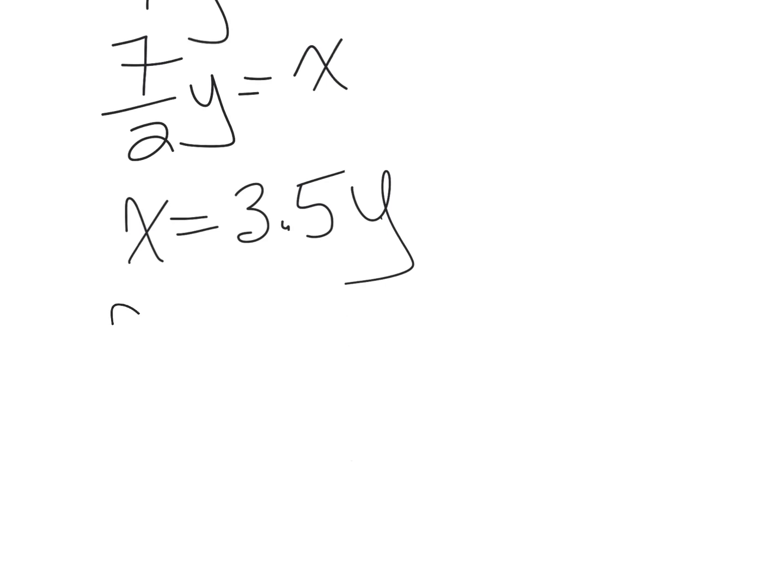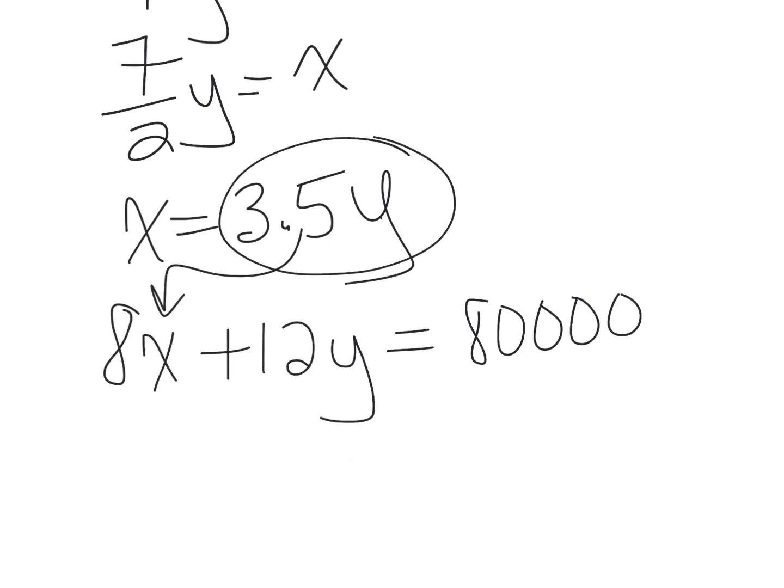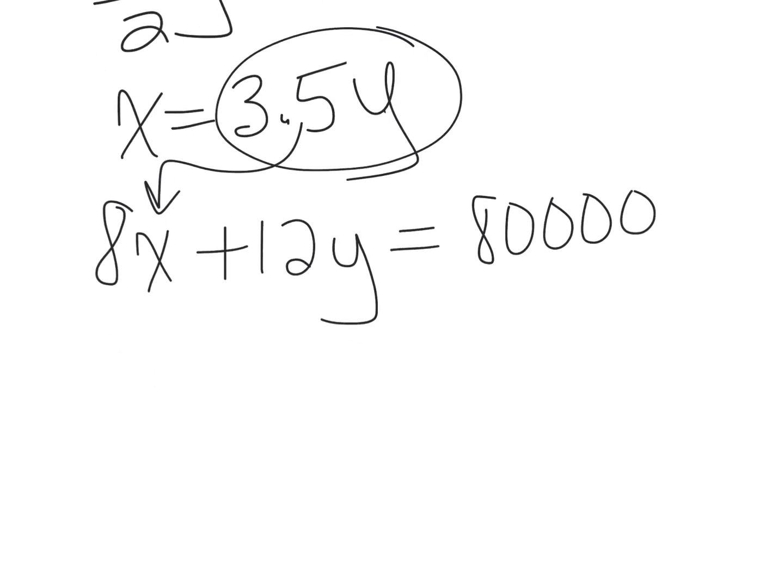Our constraint function said $8 for every unit of labor, $12 for every unit of capital, and our allocated budget is $80,000. And now we have x equal to 3.5y. So I can substitute that value in there.